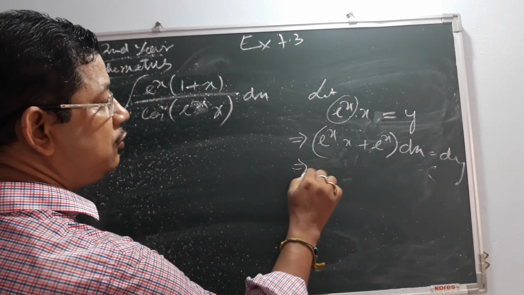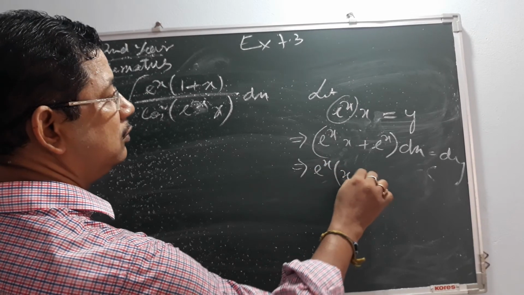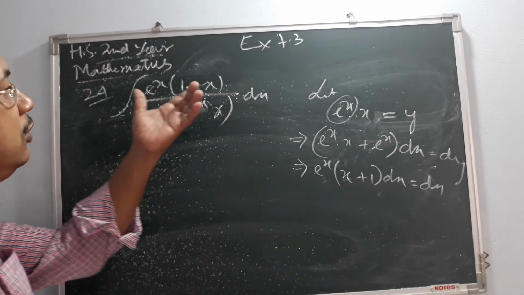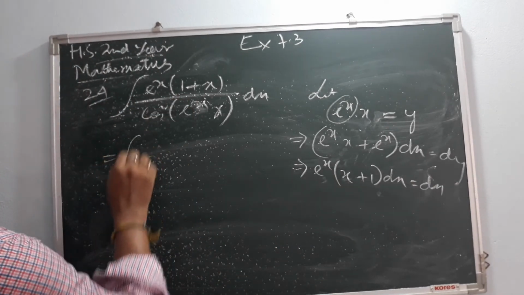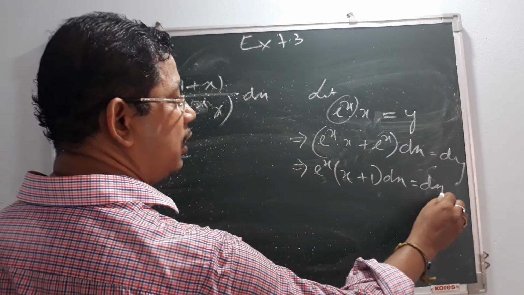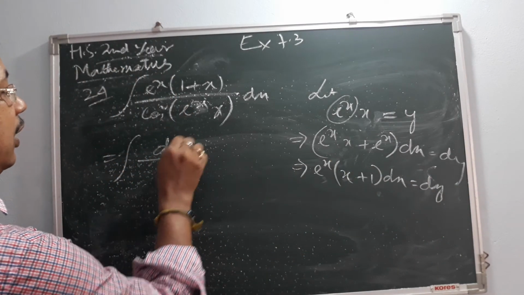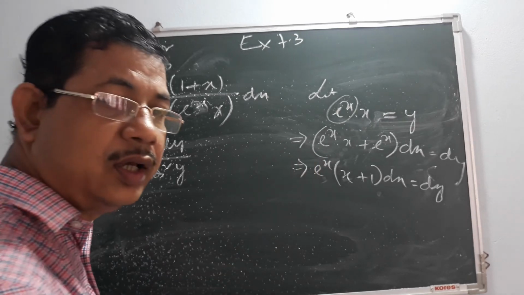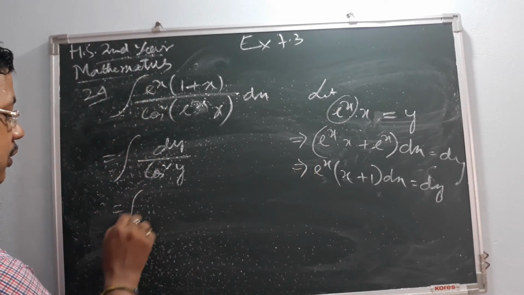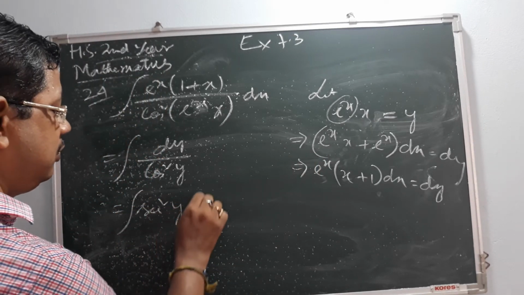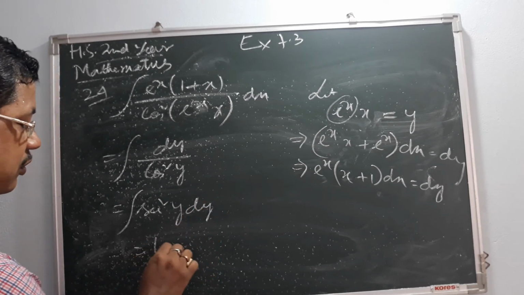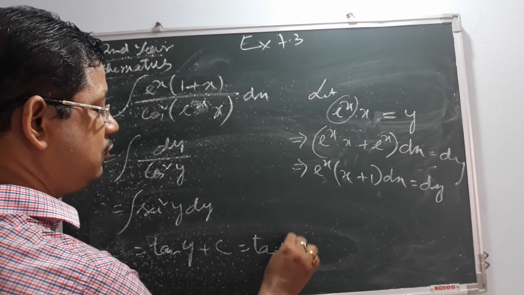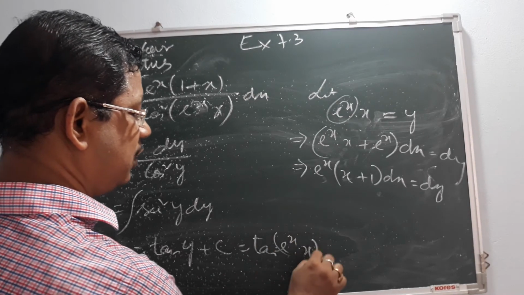Now if I take e to the power x common, then you see, this is our numerator, so I write this as dy, and here cos square y, as I have replaced this by y. So we will get integral of sec square y dy, that is tan y plus c, which is tan of e to the power x into x, plus c.